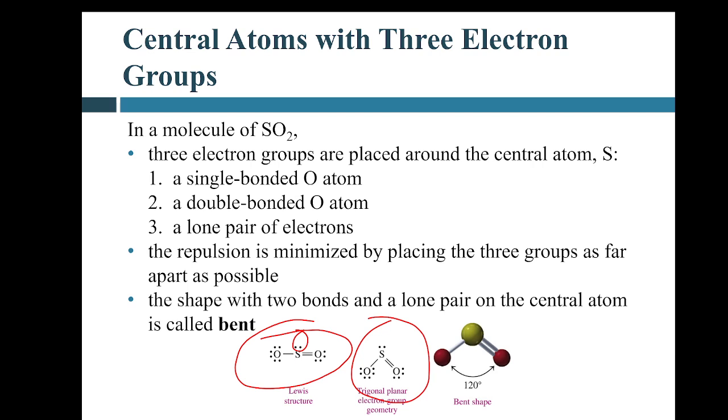Now, if we want the molecular geometry on the other hand, we will not count this lone pair right here, because that doesn't have any atom at the end, does it? So this is going to be this shape, which is called bent.